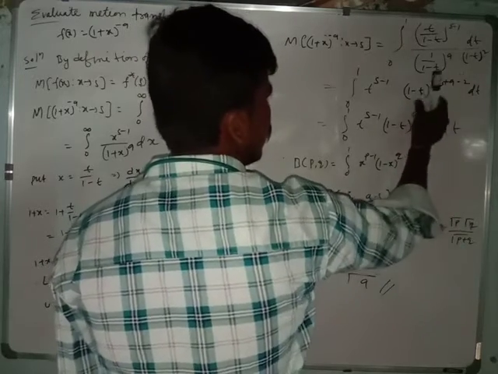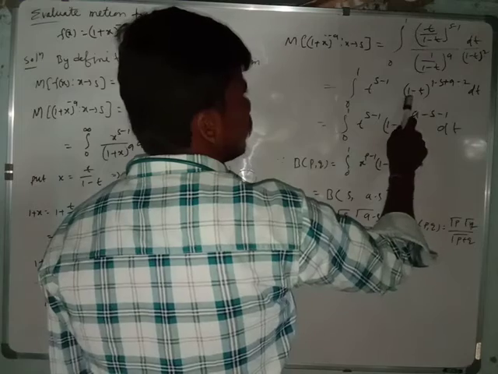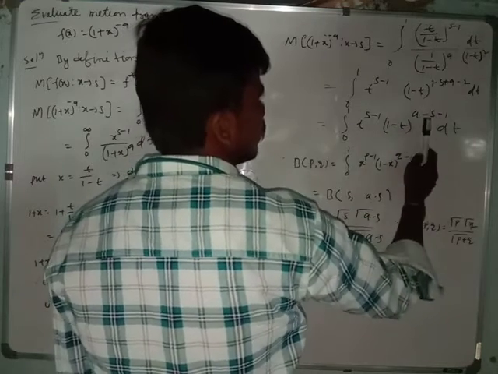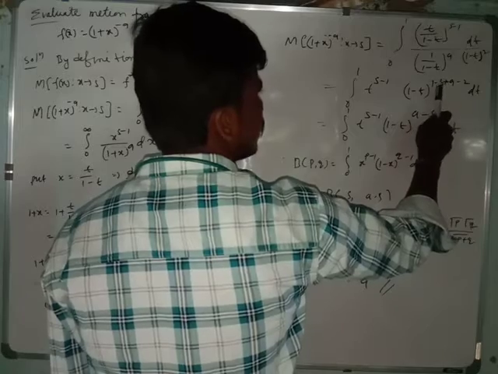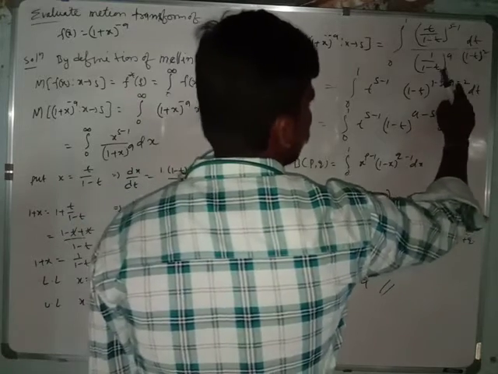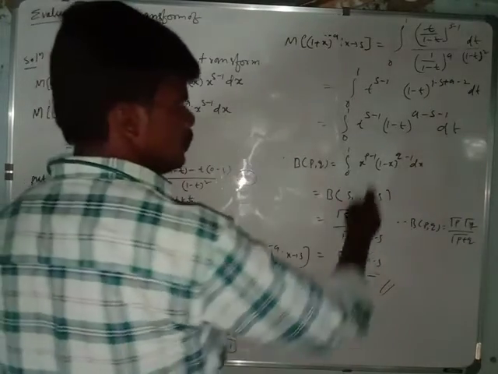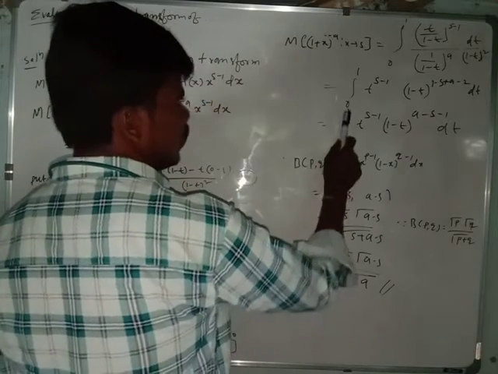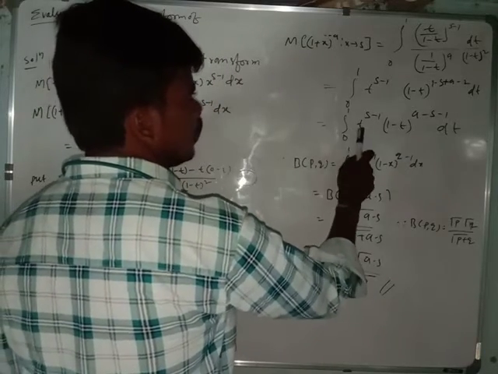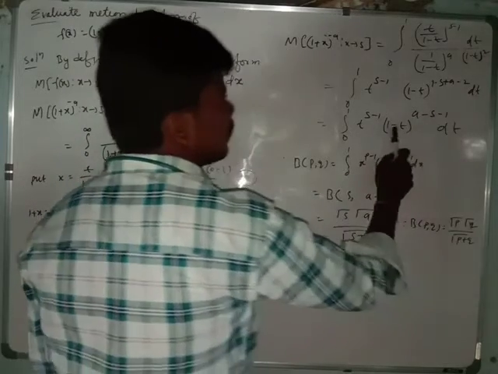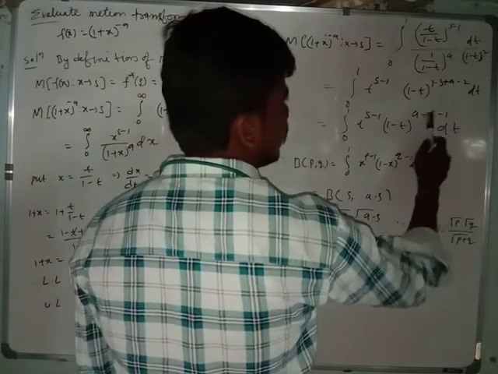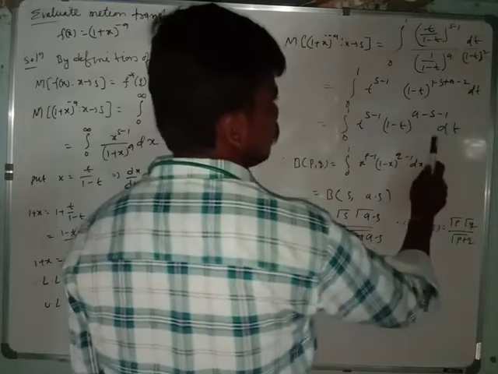All these powers of 1 minus t taken in the numerator, we get 1 minus s plus a minus 2. Now this is equal to the integration from 0 to 1 of t to the power of s minus 1 times (1 minus t) whole power a minus s minus 1 into dt.